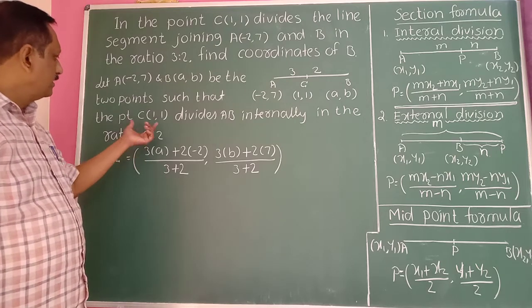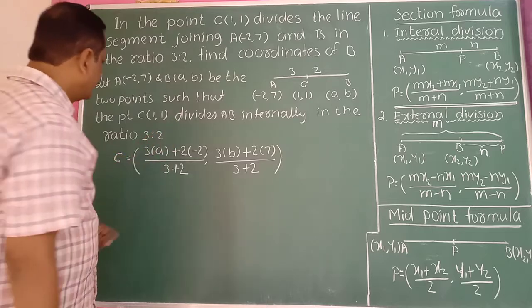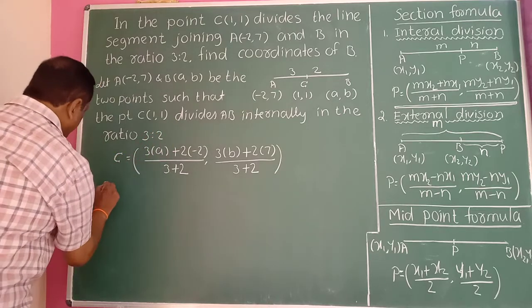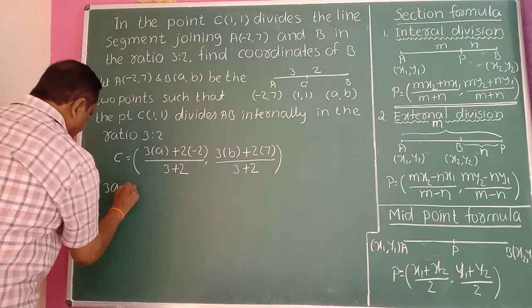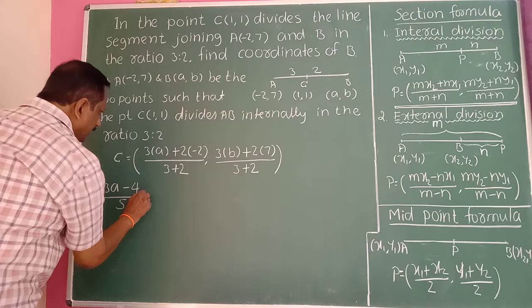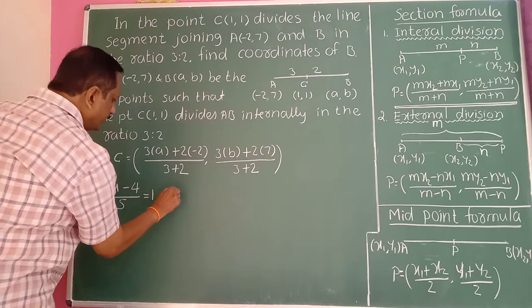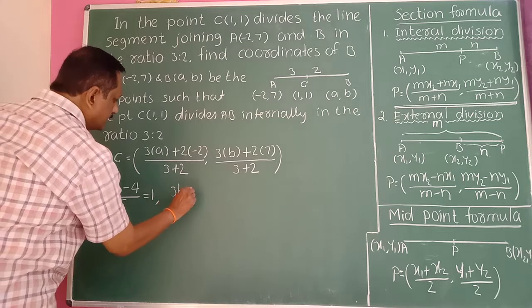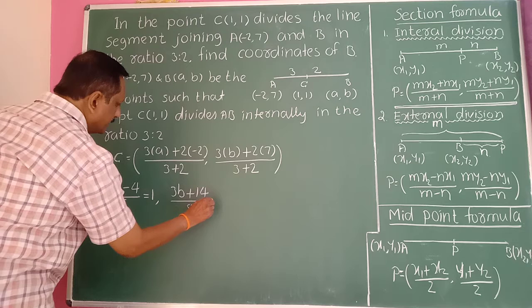But they have already given the coordinate of C as 1, 1. So equating x and y coordinates now. 3 into a becomes 3a, 2 twos are 4, minus 4, divided by 3 plus 2 becomes 5, is equal to 1. Then 3 into b, 3b, plus 7 twos are 14, divided by 3 plus 2 becomes 5.